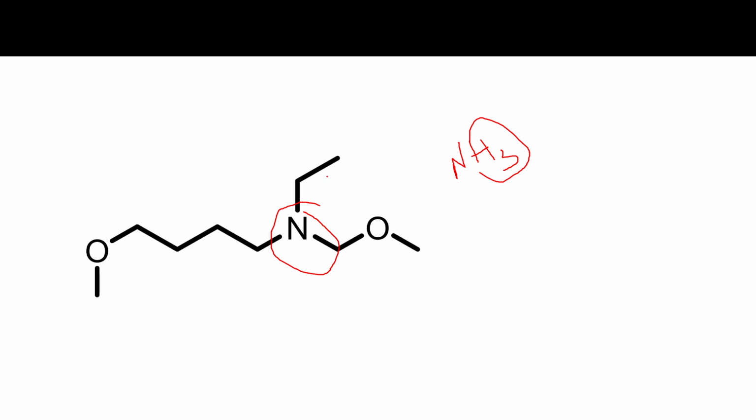So we have to find out the substituents, and the numbering will start from this side. Like this will be 1 and this will be 2. So here this will be 1, this will be 2, number 2 carbon, like that. So here this will be 1.